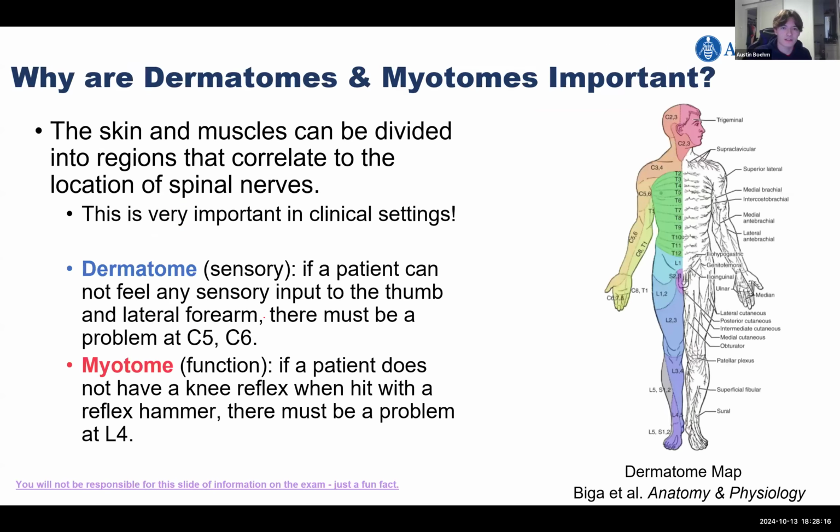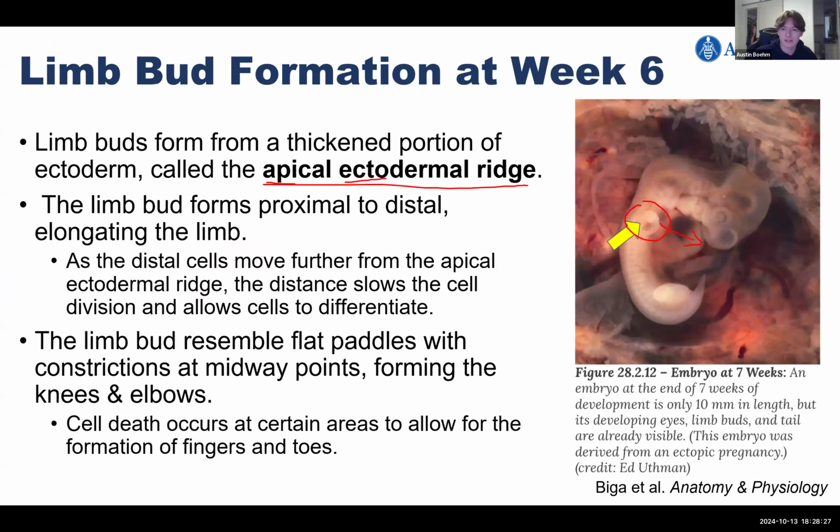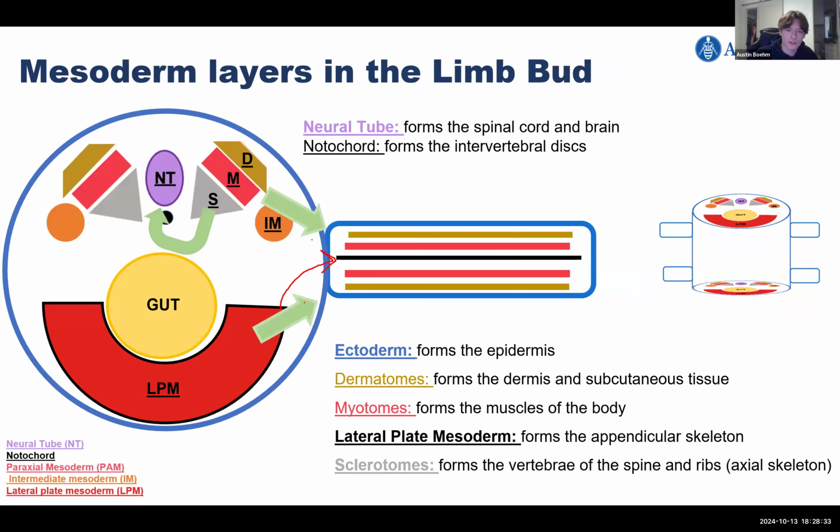All right. And lastly, we have a question here. Are limb buds part of the ectoderm? The limb bud has multiple layers to it, just like anywhere else in the body. So right here, it does have an ectoderm on it, and the ectoderm in this graphic is represented by this blue outline. The ectoderm forms your epidermis, the superficial layer of the skin.